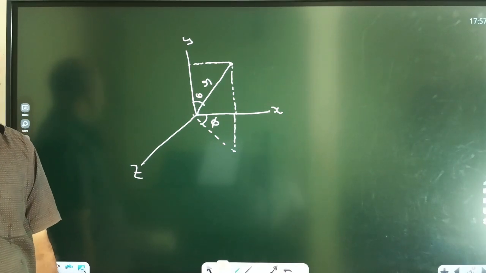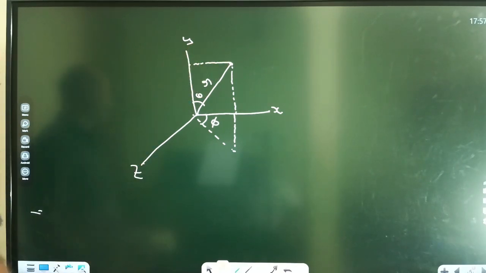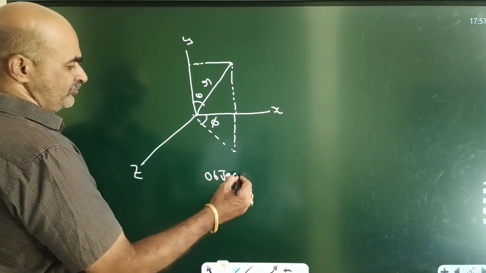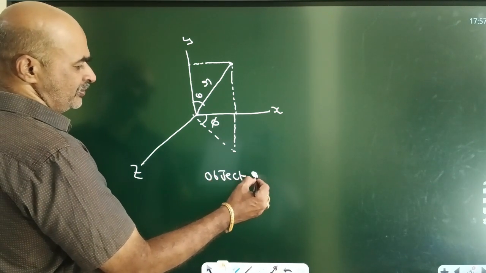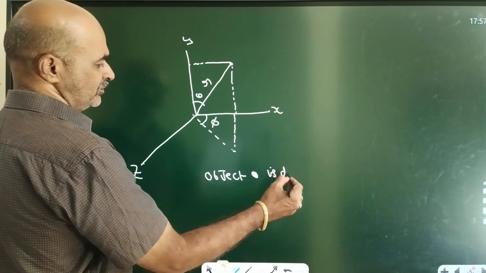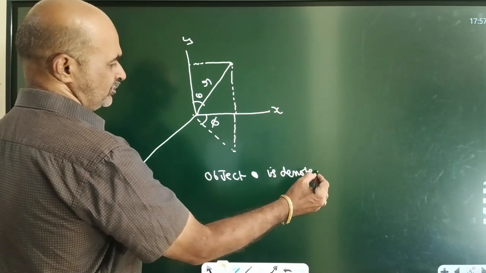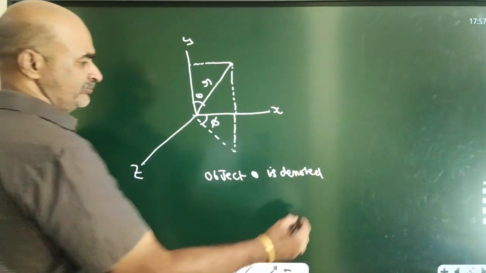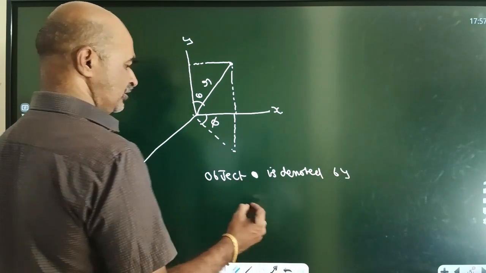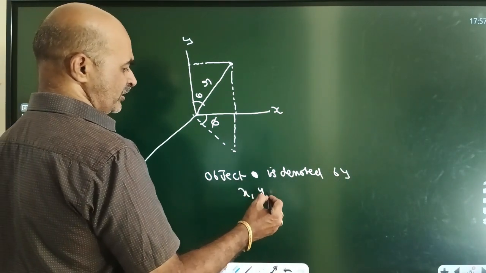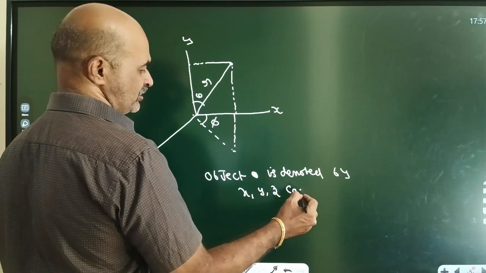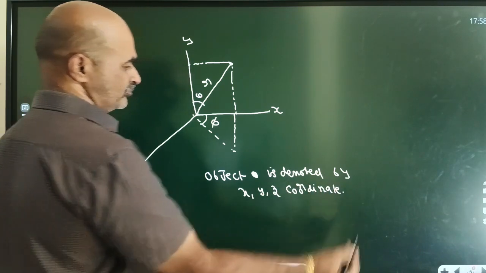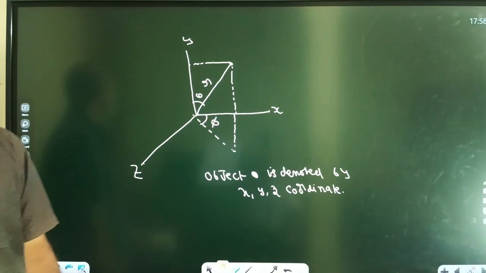So this object, this dot, is denoted by xyz coordinates.